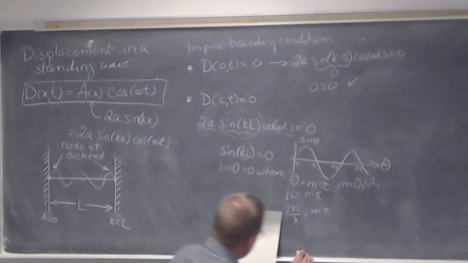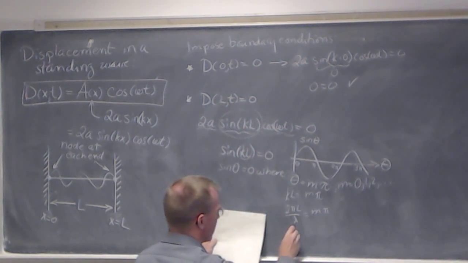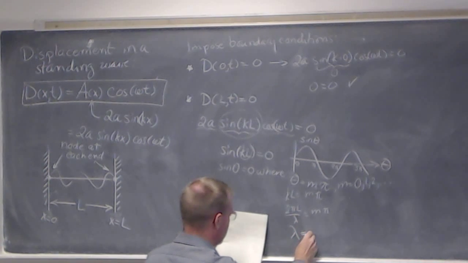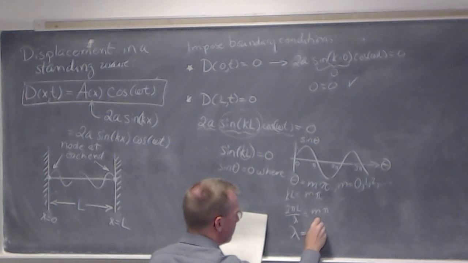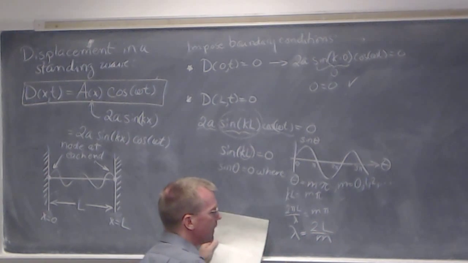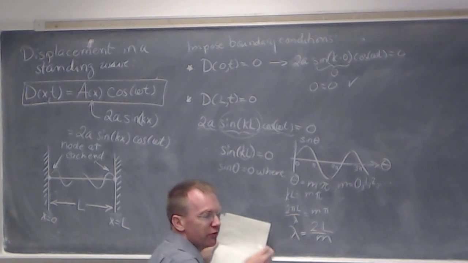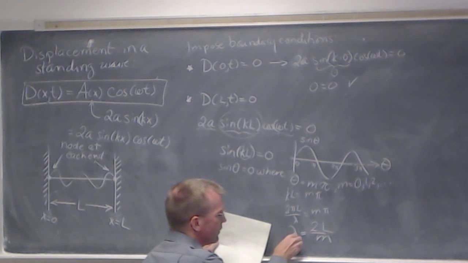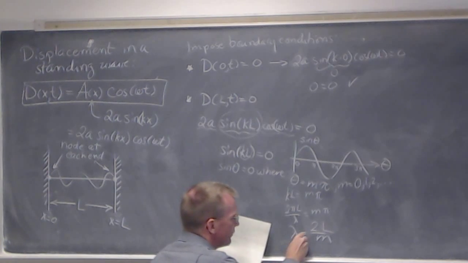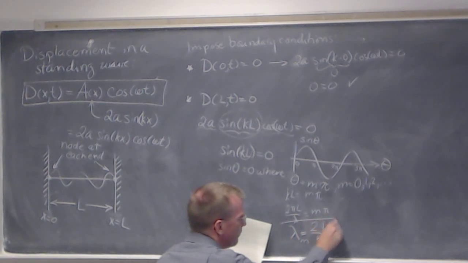That means lambda equals 2L over m. Now, because m is only integers, lambda is going to be only discrete values, not everything in between. So let me subscript this with an m.